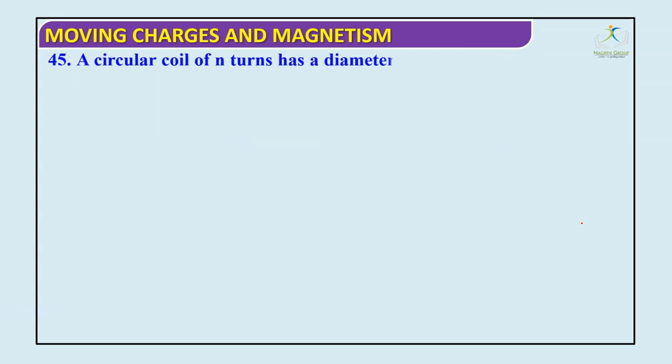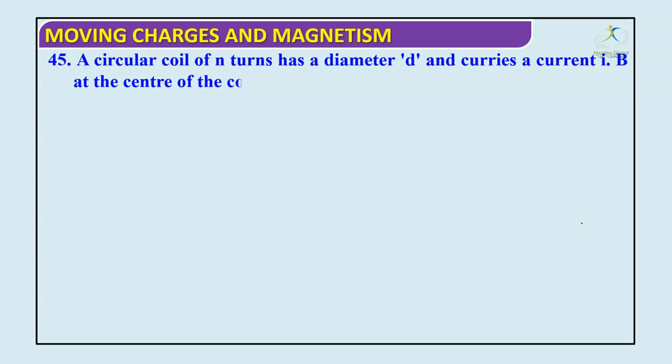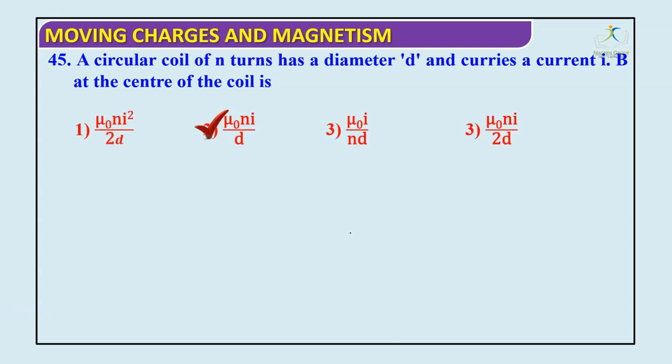Next, we have a circular coil of n turns that has a diameter d and carries a current I. The magnetic field B at the center of the coil is, we have these options. The correct answer for this question is 2.